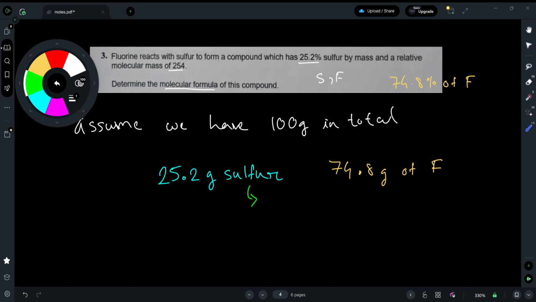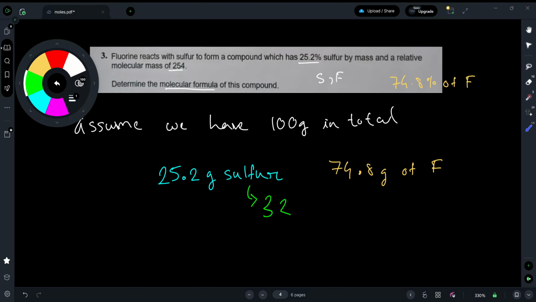32. Hold on, let me open up a periodic table. Yeah, so sulfur. Okay, I'm wrong. Sulfur, yeah, it is 32.